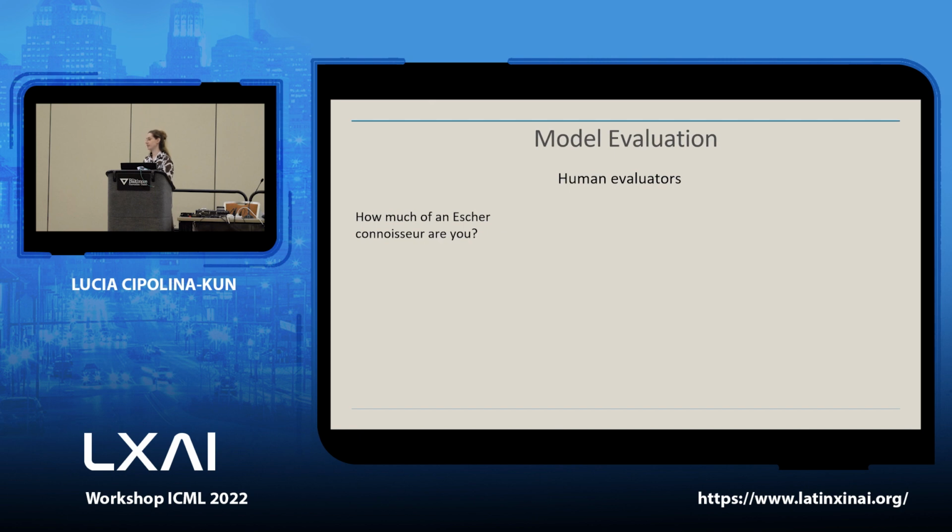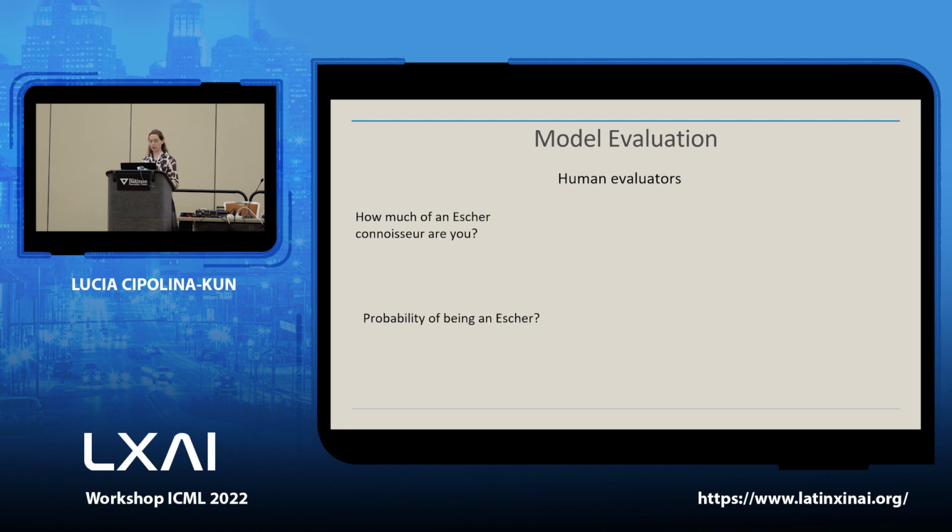Because if you have never heard of Escher, your opinion would probably be weighted to 0, unfortunately, while if you are an Escher expert, your opinion will be weighted to the highest degree. So we use the self-assigned points to then weigh the opinion of this human evaluator.